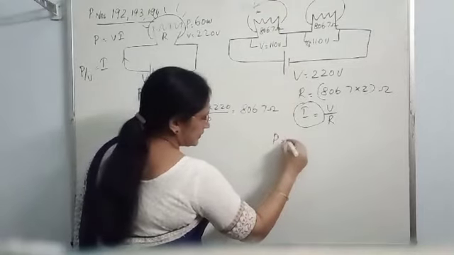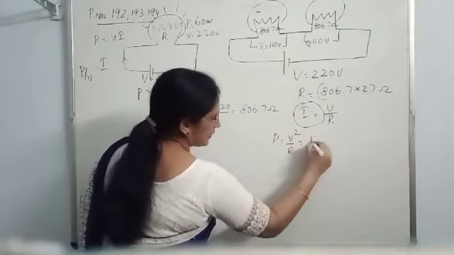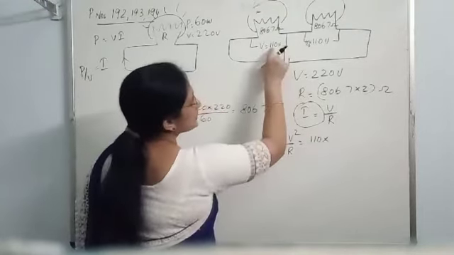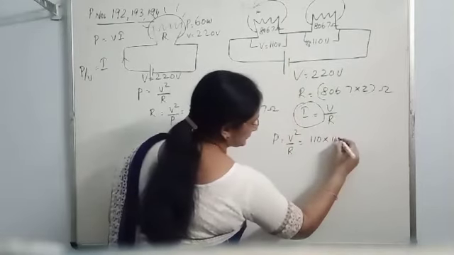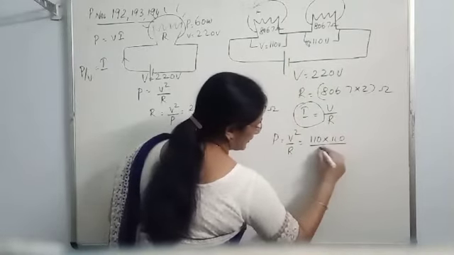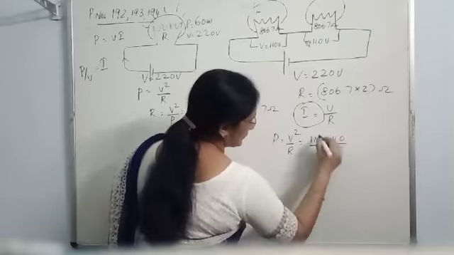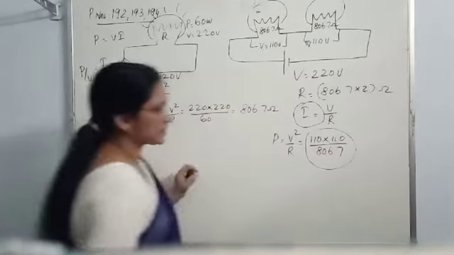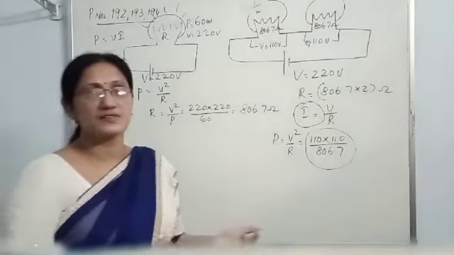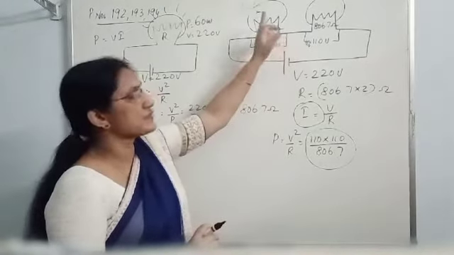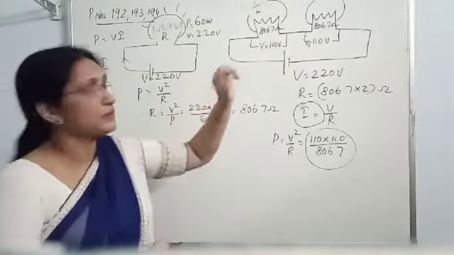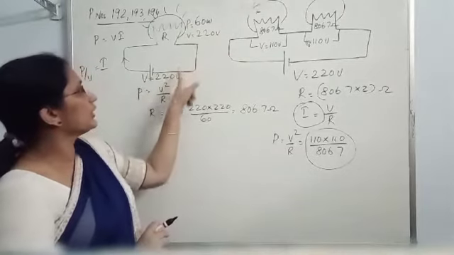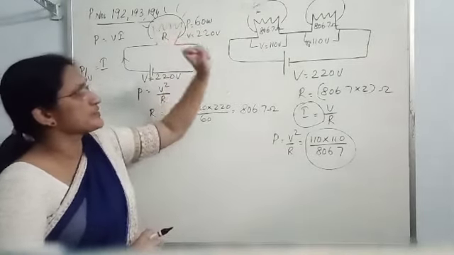Power now is V square by R, 110. That is the voltage. R is here 806.7. So when you do this calculation, you will get the power, and you will see that the power of the bulb is not 60 watt now. When you are providing a voltage of 220, its power was 60 watt.